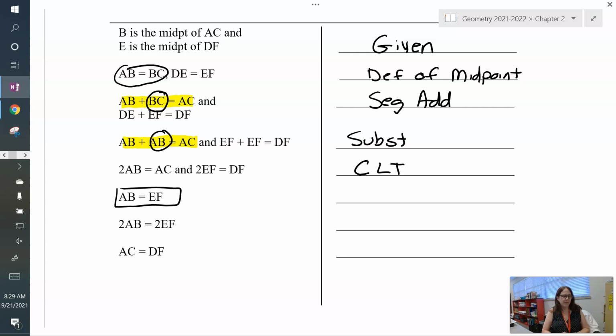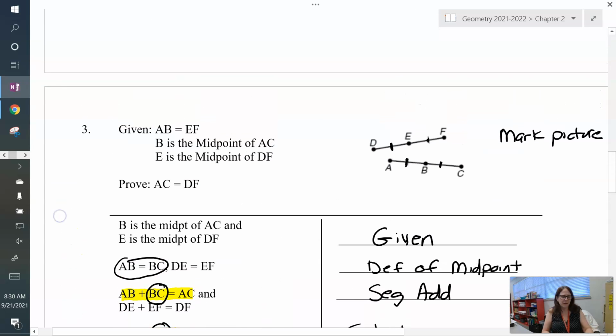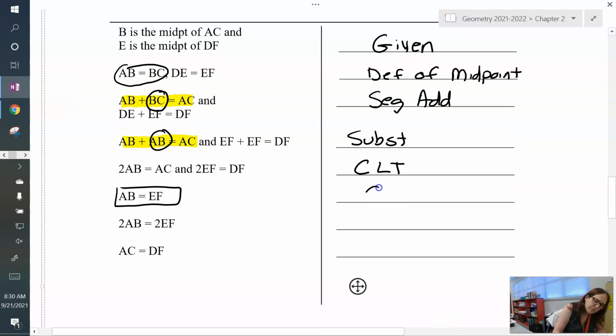Well, on the picture, aren't they all marked the same? Don't they have the same mark? And why did we mark them the same? Because it was given. So that's given.